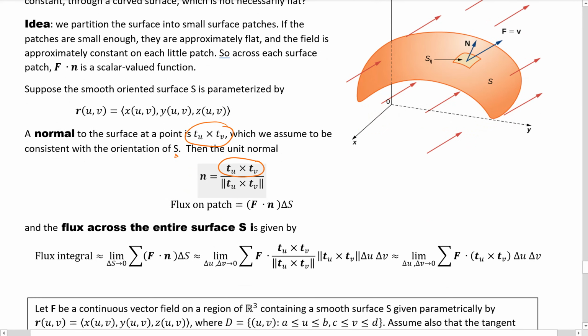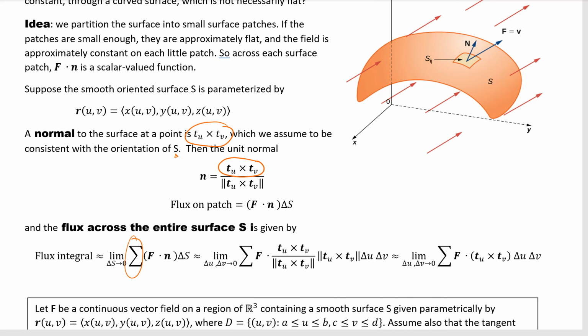So for the flux across the entire surface, we add those little pieces up. So we take the limit as the surface area differential goes to 0, summing those F dot N times change of S. Okay?